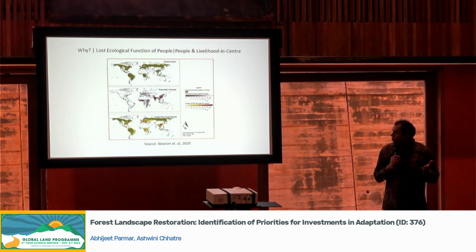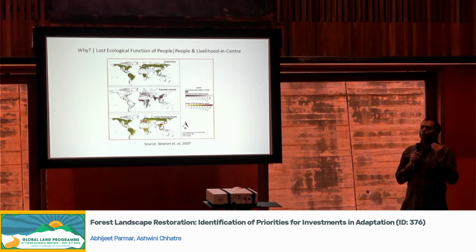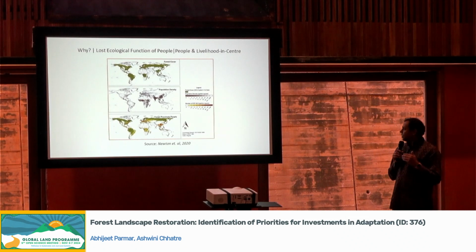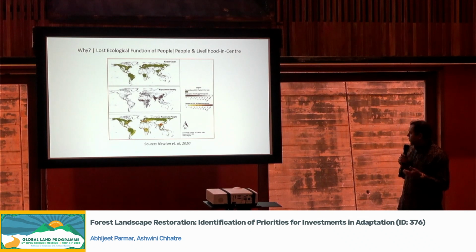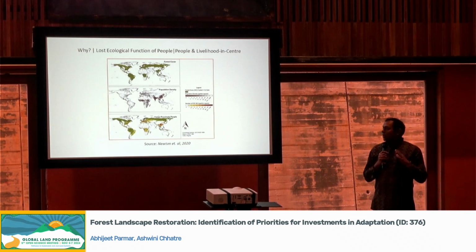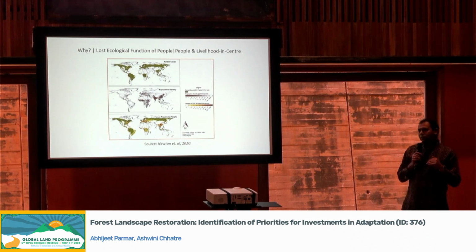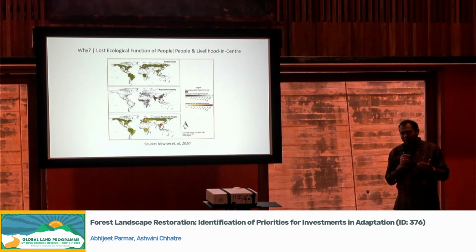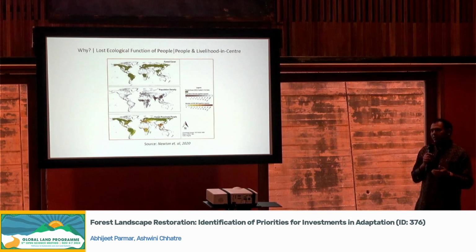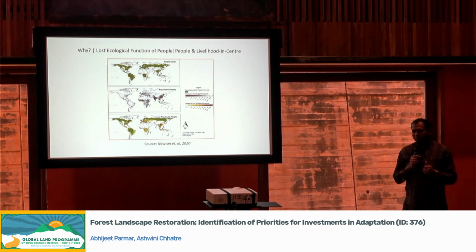First, to identify the locations which are to be prioritized, and I will come back to that topic later. And second, what are the different ways in which the prioritization can result in multiple benefits.